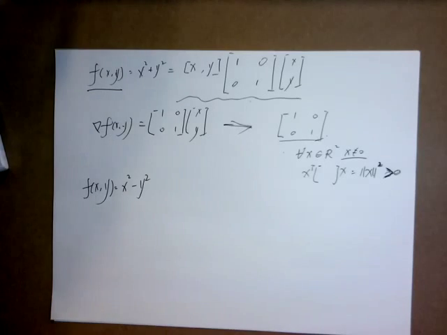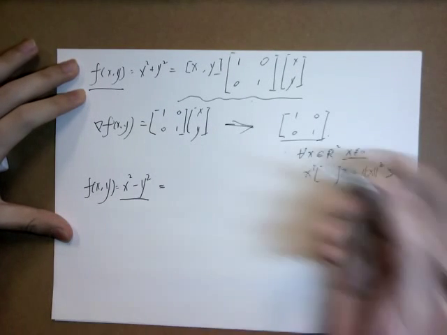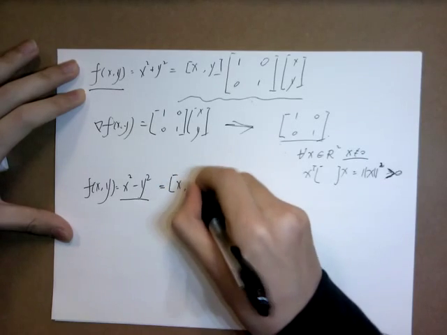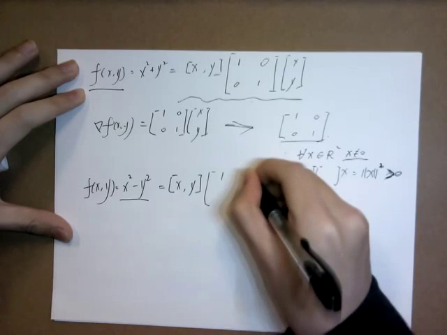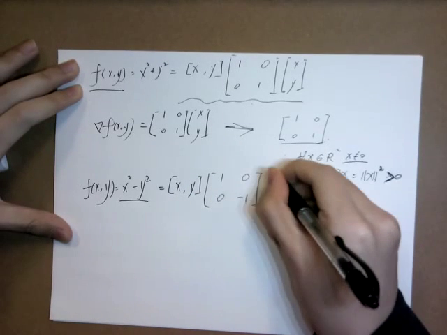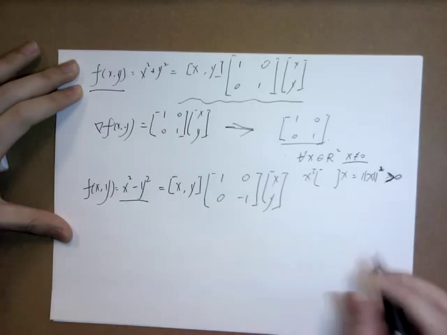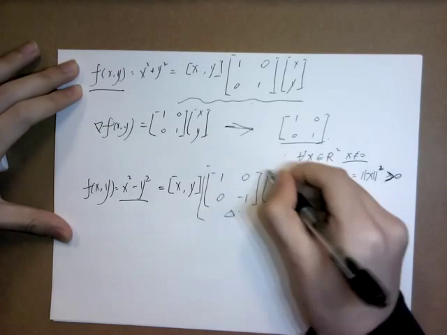That's because if I expand it, it will be (x, y) multiplied by [1, 0; 0, -1] multiplied by (x, y), and we know the Hessian matrix is this one.